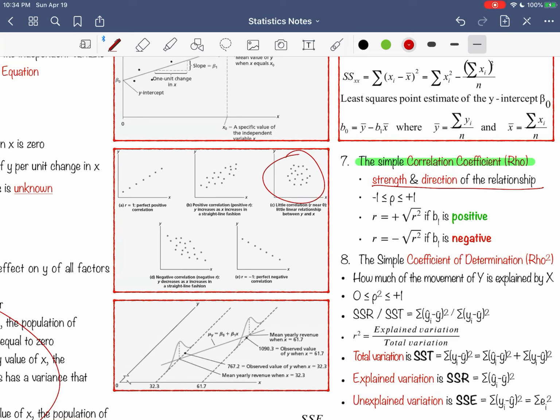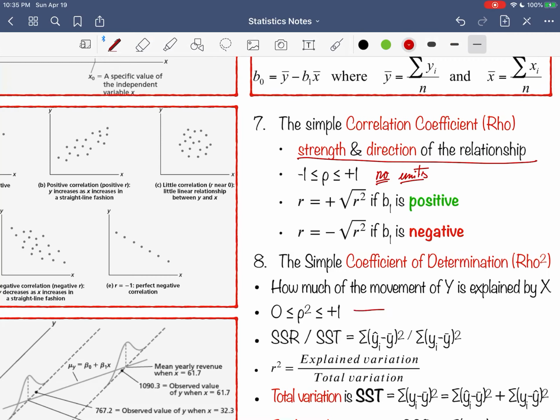Second, another important concept is rho squared or R squared. It basically answers the question, how much of the movement of Y has been explained by X? So we're using X to understand Y or the movement of Y. So R squared is essentially a measure of how well we did. It's a value between 0 and 1. Sometimes you can translate it as a percent.